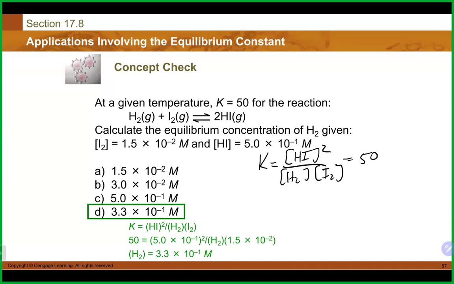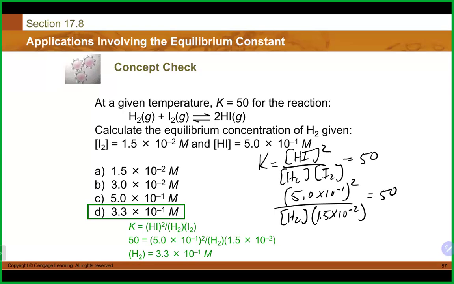In this case, they gave us the concentration at equilibrium of HI, which is 5 times 10 to the minus 1, again squaring it, divided by our H2, which is what we're looking for, and our I2, which is 1.5 times 10 to the minus 2. And that equals 50 in this particular case.